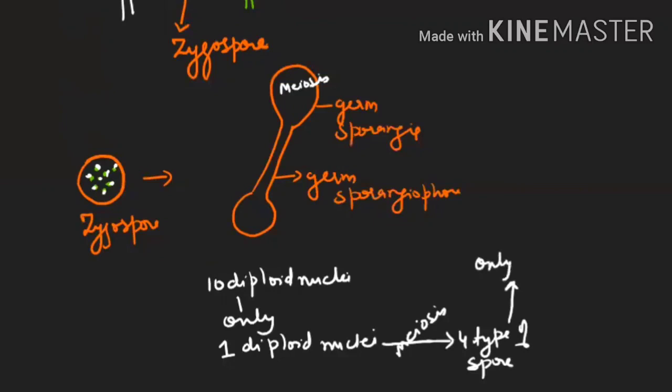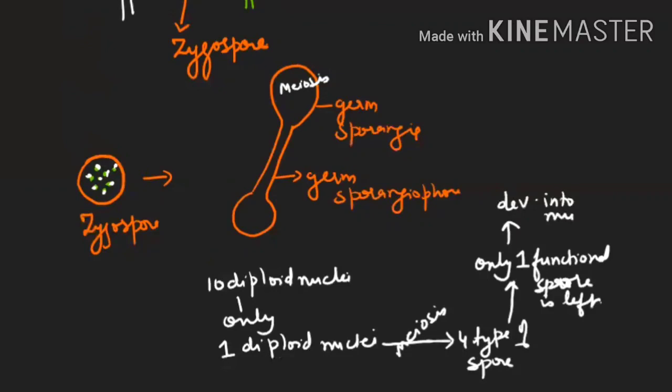Only one functional spore will be left, which will develop into the mycelium. Again, they start the cycle.